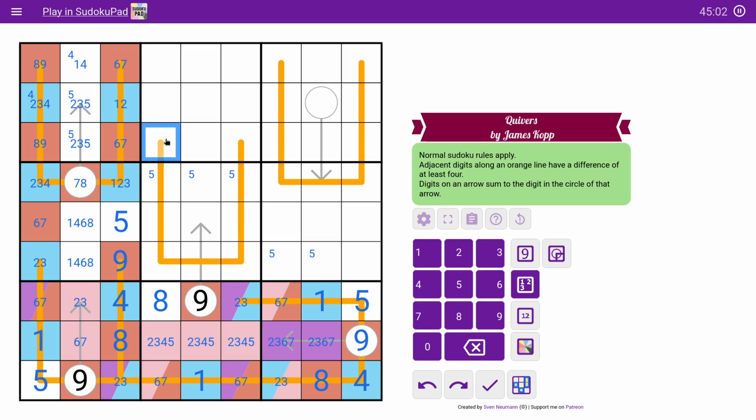Suppose no 5. These alternate high and low. So they contain a 9 and a 6, 7 somewhere.